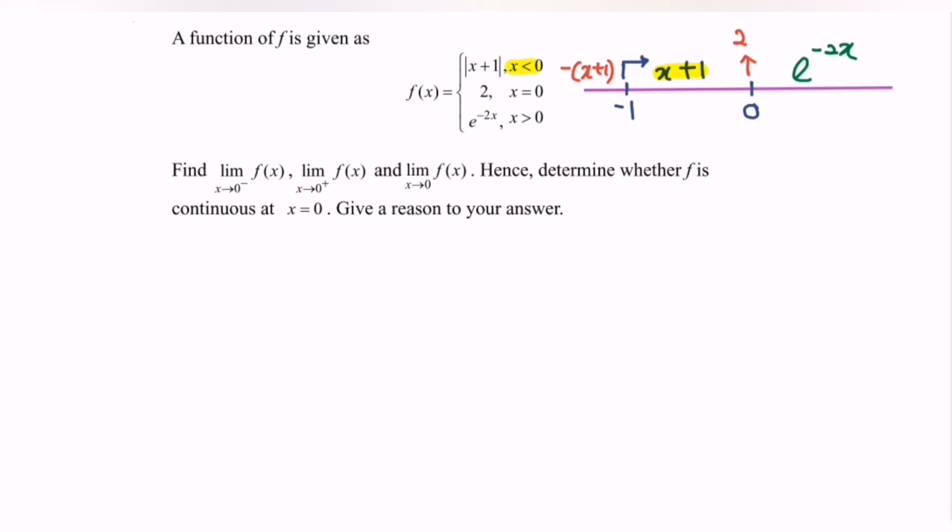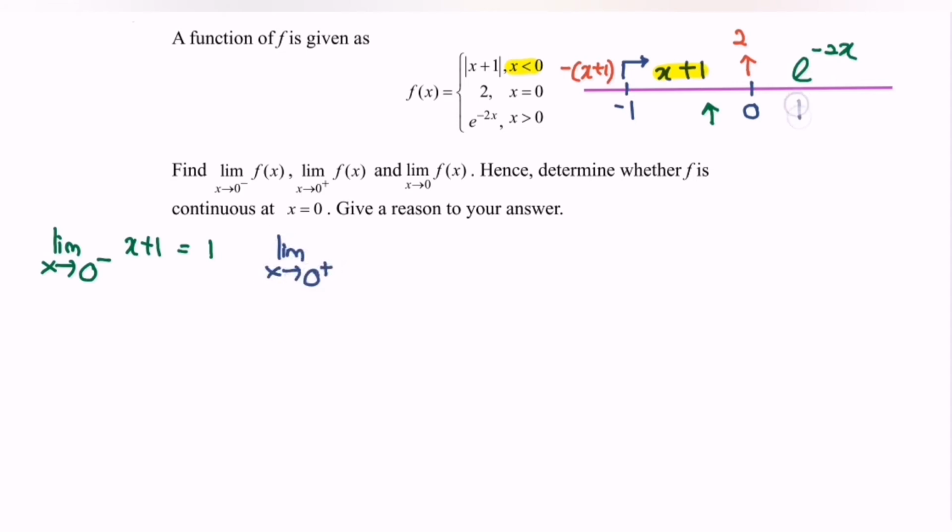Focus on the limit when x approaches 0 from the left. Indicate over here from the left, the function would be x plus 1. Kindly substitute, and we will have approaching 1. Next, focus on the limit when x approaches 0 from the right.